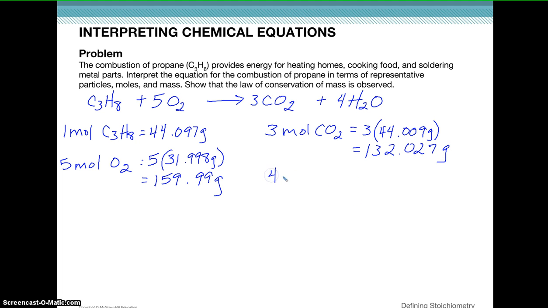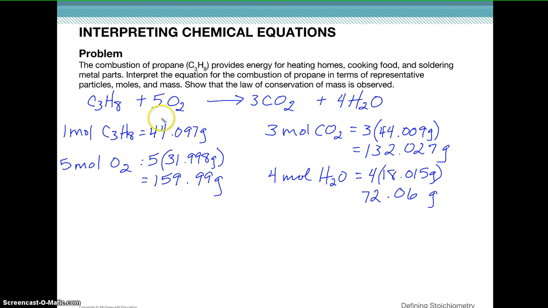Then we have 4 moles of H2O, which would be 4 times the molar mass of H2O, 18.015 grams per mole. If we multiply that, we get 72.06 grams of water.